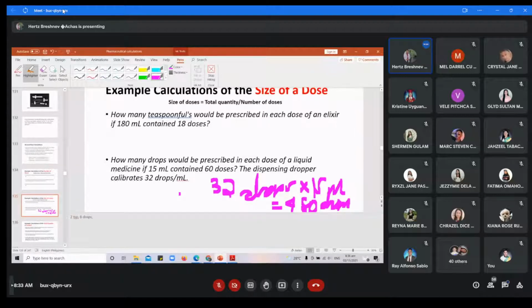So our objective here is to get the total quantity. We have the total quantity in terms of ml, but we don't have the total quantity in terms of drops. But the good thing is that we are provided with a conversion: 32 drops per ml.